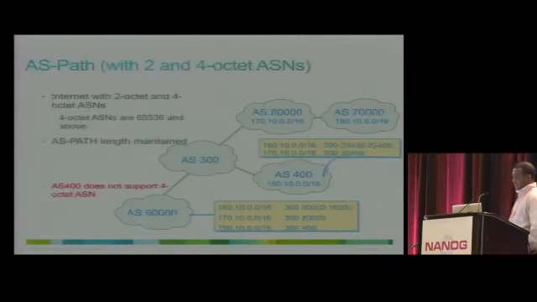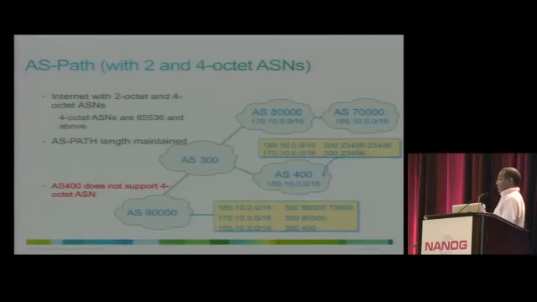Okay. So earlier we discussed that autonomous system number could be a 2-octet number, which is running out, or a 4-octet number, which would be the future. If you have a router that doesn't understand a 4-octet ASN, the advertising router that understands a 4-octet ASN will replace the 4-octet ASN with 23456. In this case, for example, AS 80,000, 70,000, and 90,000 are 4-octet ASNs because they are more than 65,000.